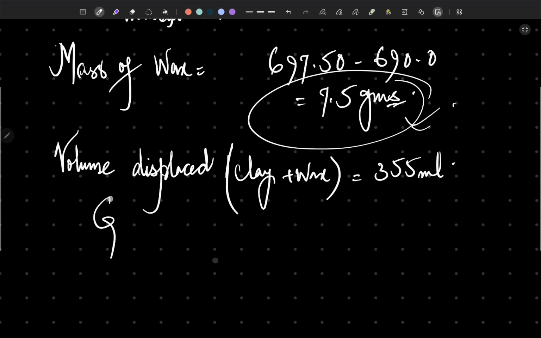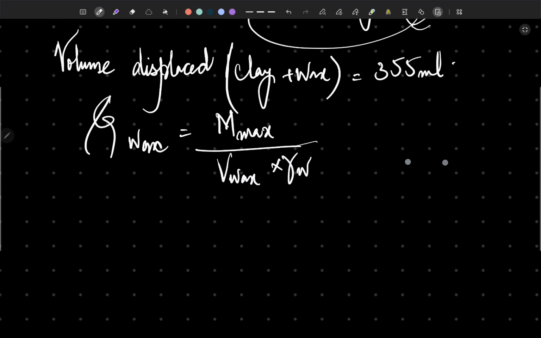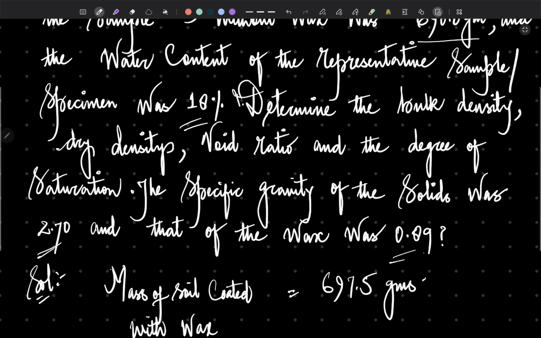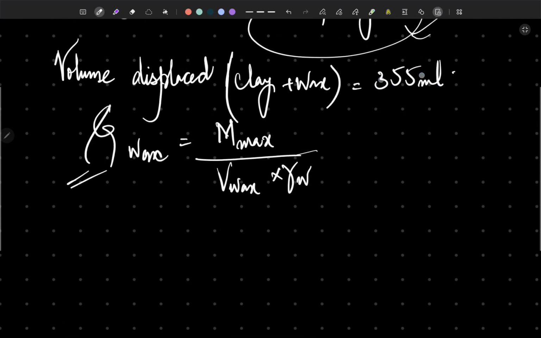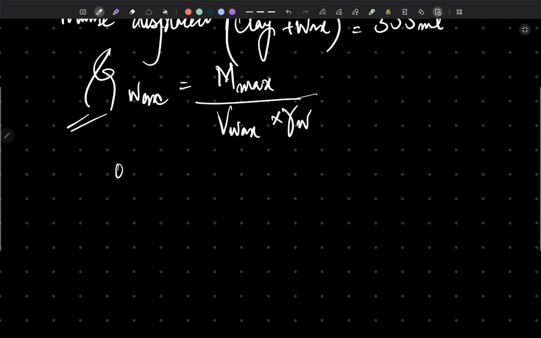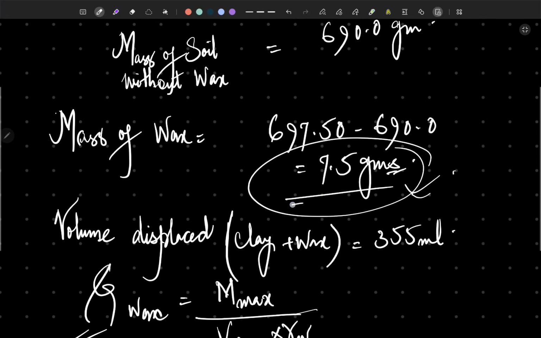After that, specific gravity of wax is equal to mass of wax divided by volume of wax times density of water. The specific gravity of wax is given as 0.89. The mass of wax we just found out is 7.5 grams.